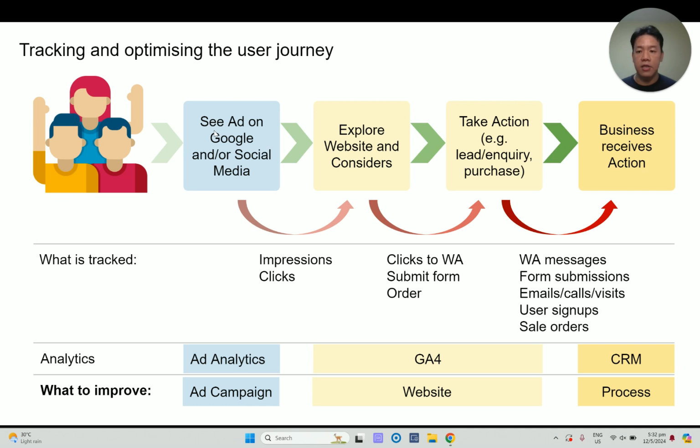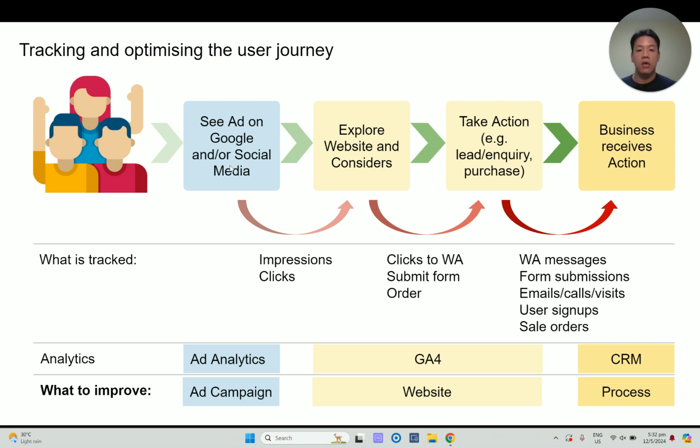So from there, you have a clue of where you stand in terms of the advertising landscape, right? But typically, if your impressions are low and your clicks are low, then it's something you need to work on in the ad campaign itself, before going into fixing the website, right? So a lot of times when we help businesses start an ad campaign, typically how we would structure the process is the first thing we want to make sure is that this is working, right?